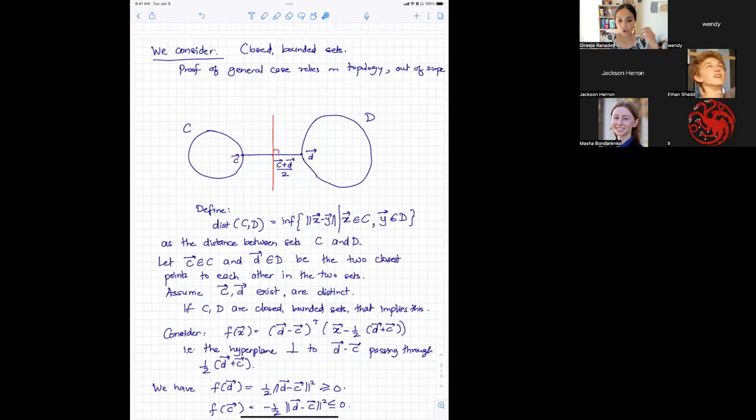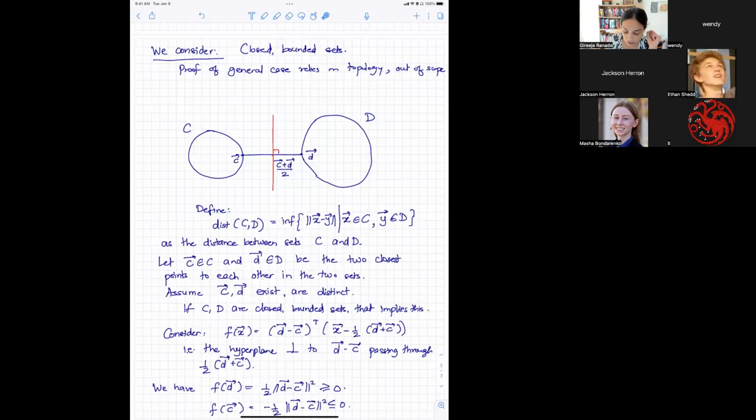Okay, so now we have some setup, which we talked about last time, so I'm going to go through it kind of fast. So here I want to consider some set C and some set D. I'm drawing these as very far apart so that there's plenty of distance between these two sets, just because I want to be able to draw a picture.